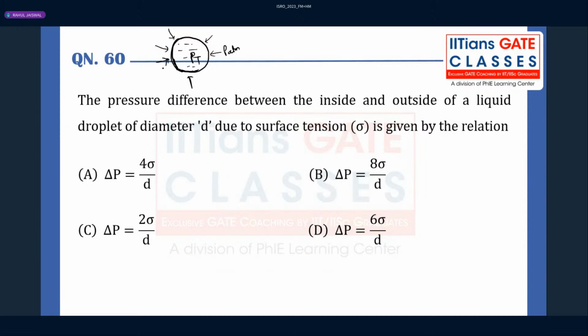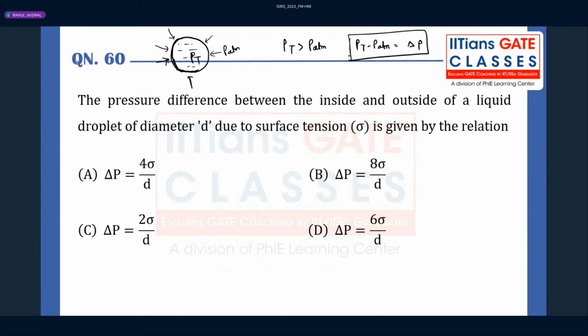Now this PT will be more than PATM, so it will try to burst this liquid droplet. The difference of these two we are calling delta P.